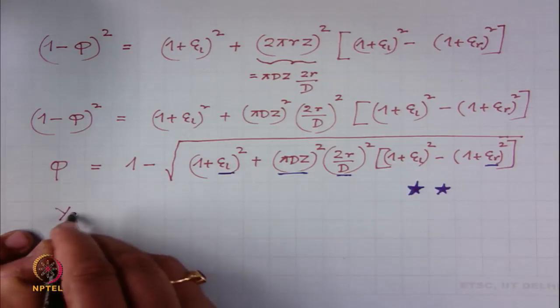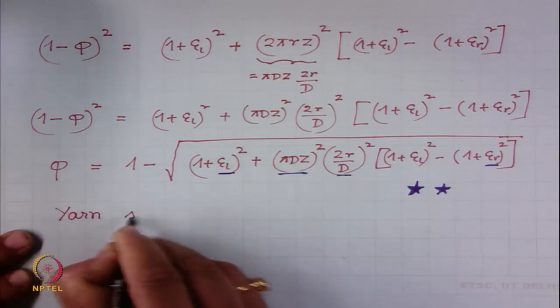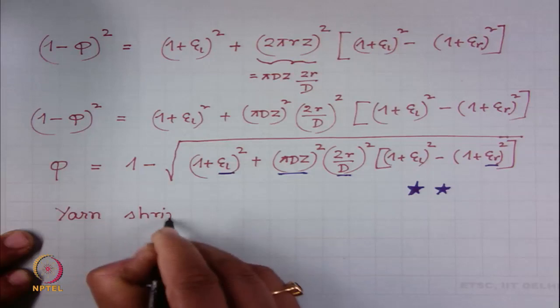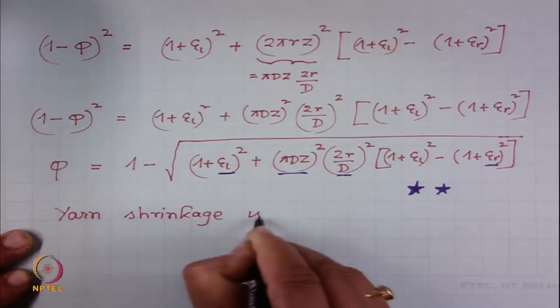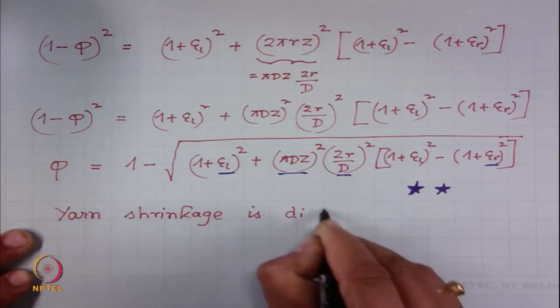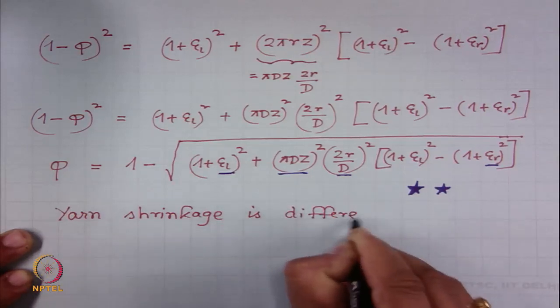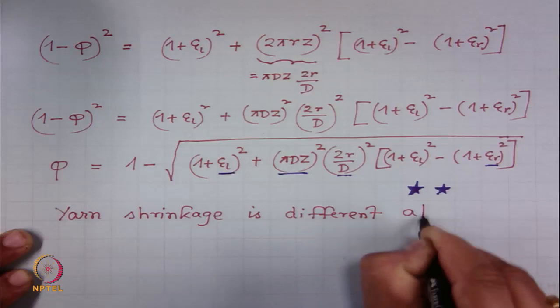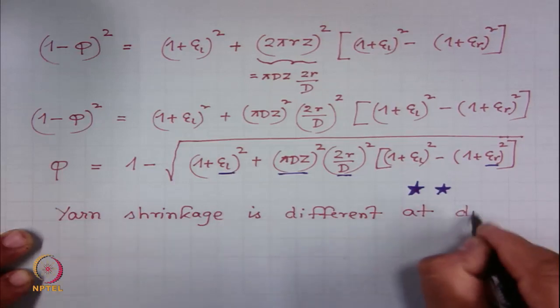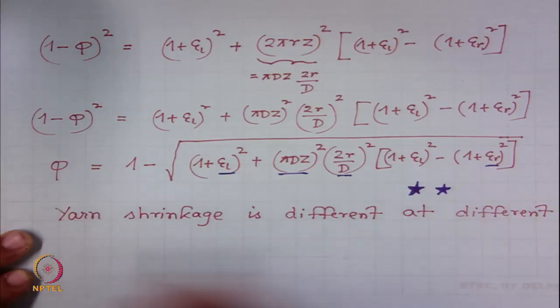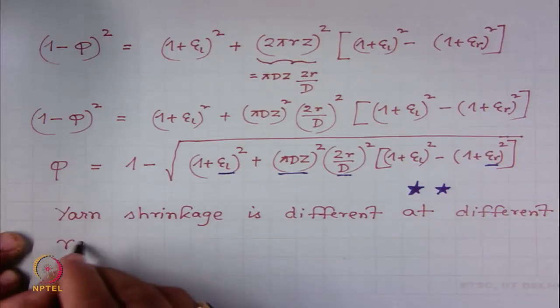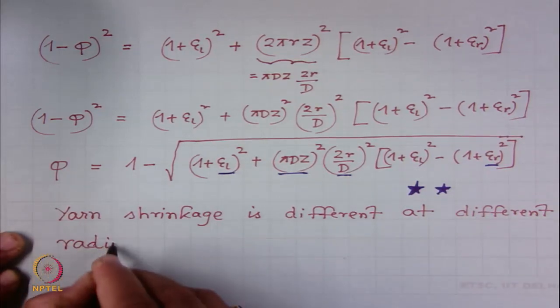So, yarn shrinkage is different at different radii.